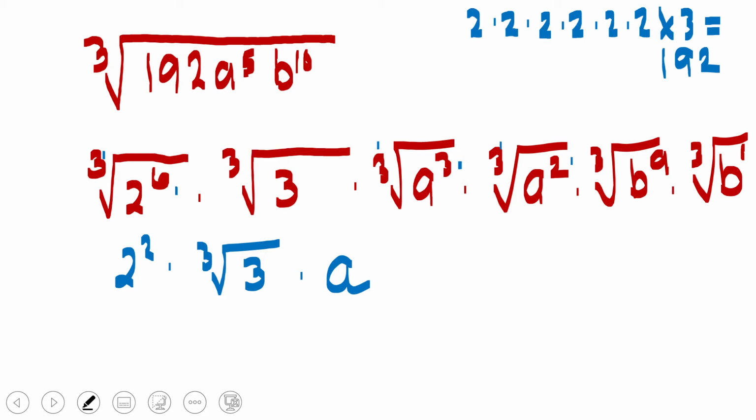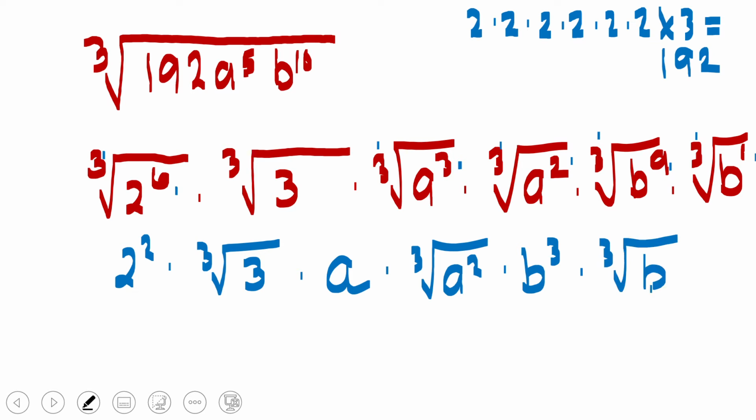We can't do anything with this, so we leave it in the same format. 9 divided by 3 here is b to the third power. And we can't do anything with this at the end, so we leave it in the same format.